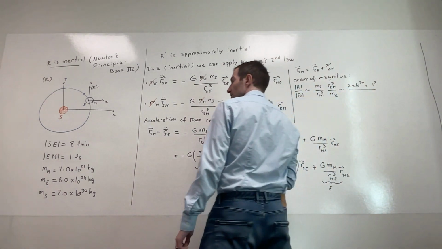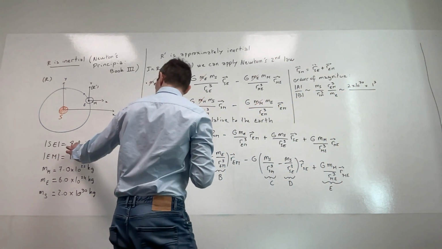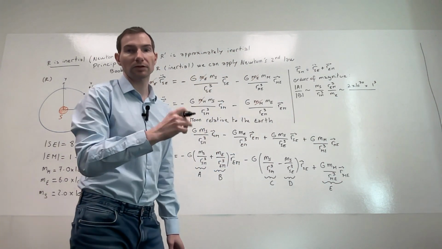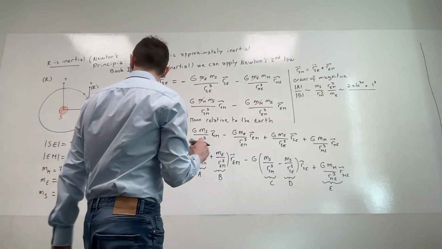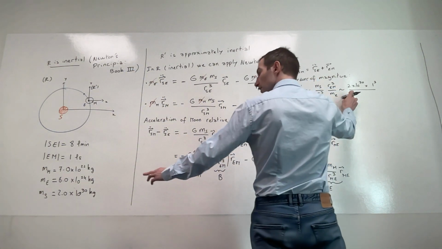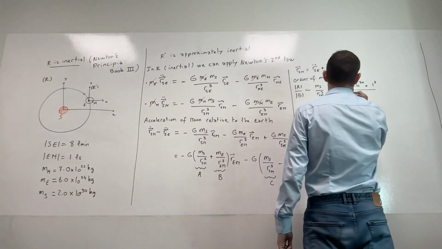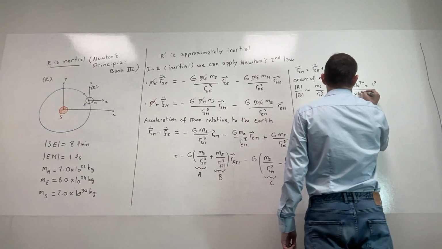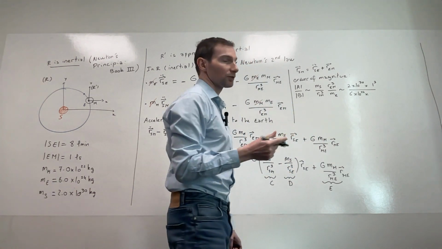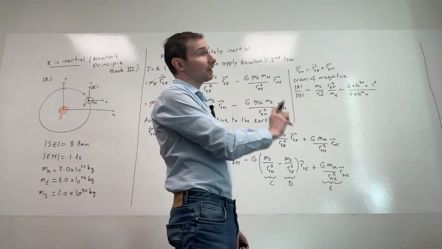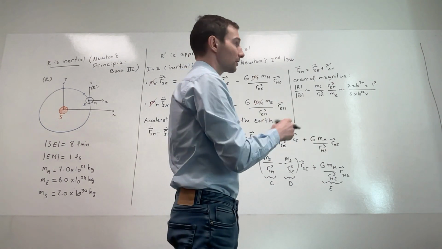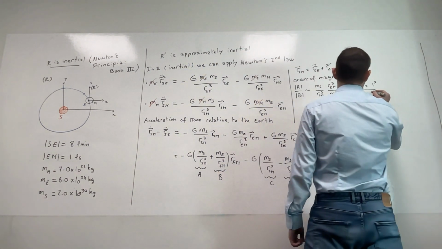What I need to do is that when I say 8 light minutes, I need to convert into seconds. So that's going to be useful for us. So then I've got ME. So ME is 6 times 10 to the 24. And then times, so here I've got 4 times 240, so that's 480.